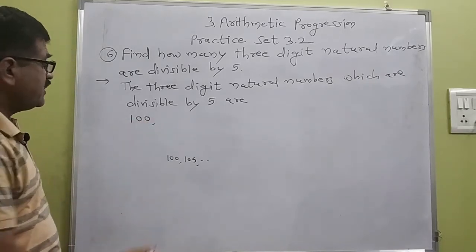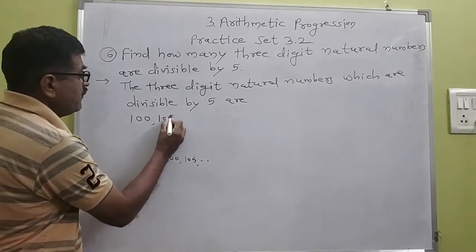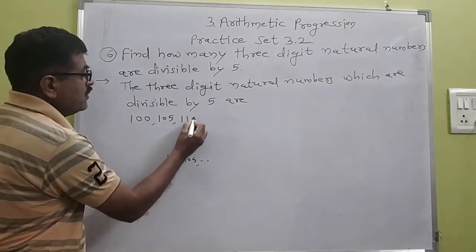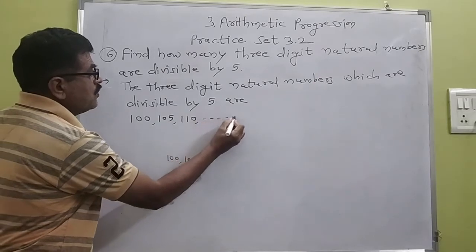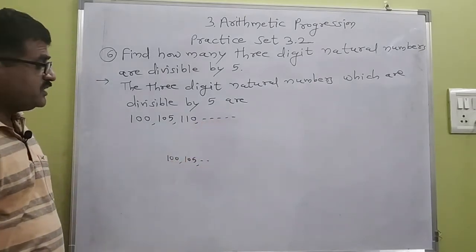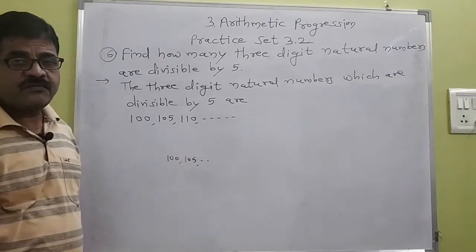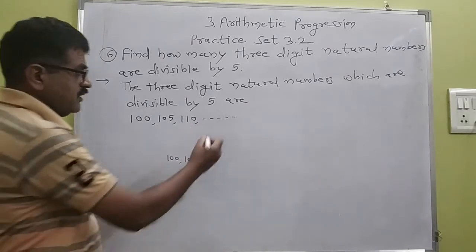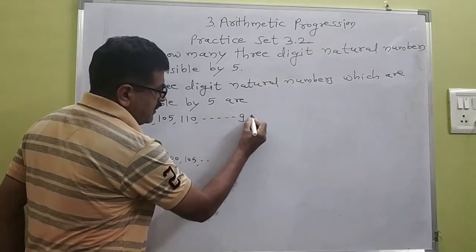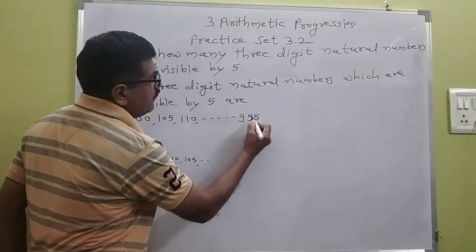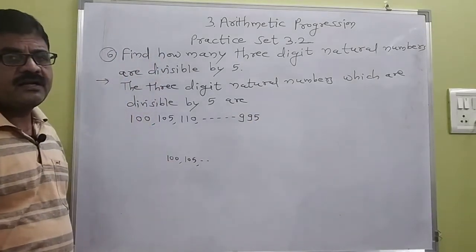Now what is the second? 105. Third 110, and so on. Now which is the last 3-digit natural number divisible by 5? 995.